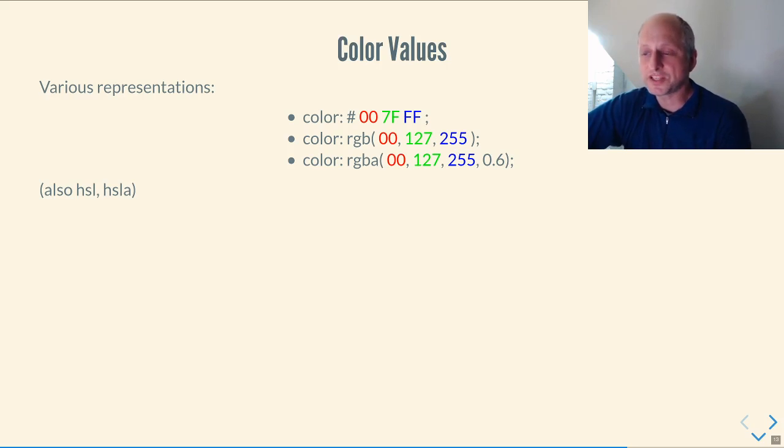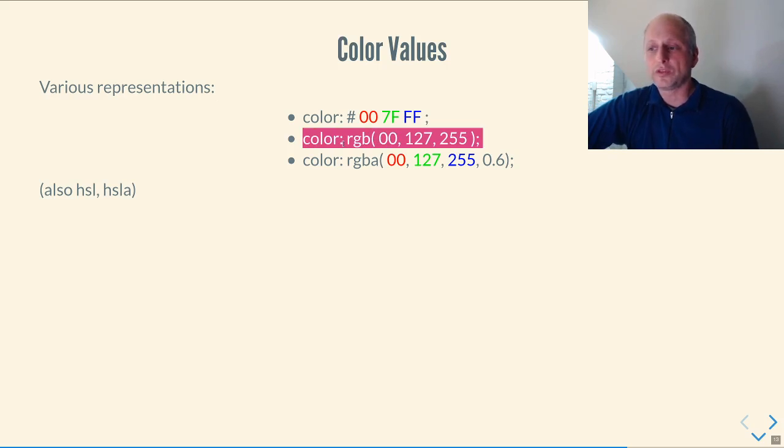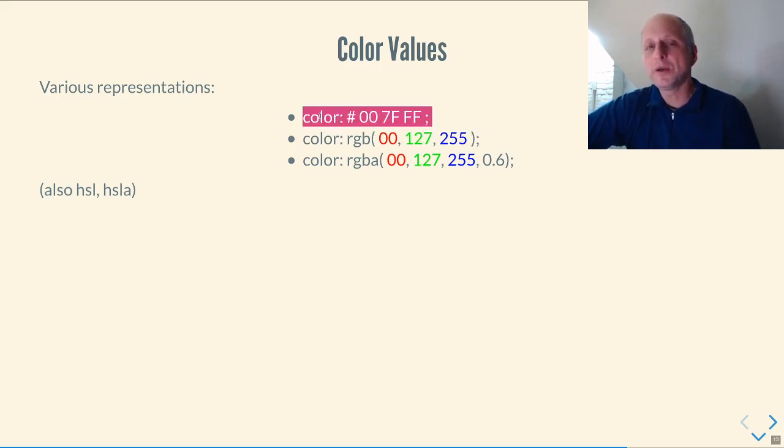In RGB, you can see that really easily. So here we have a color with no red, some green, like a medium amount of green, and all the blue that is possible. We have that exact same color here, but it's written in hexadecimal.